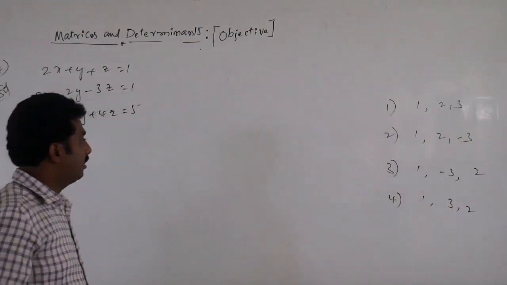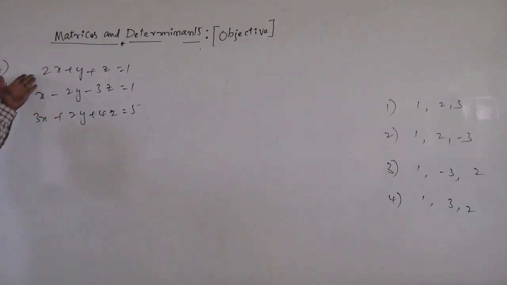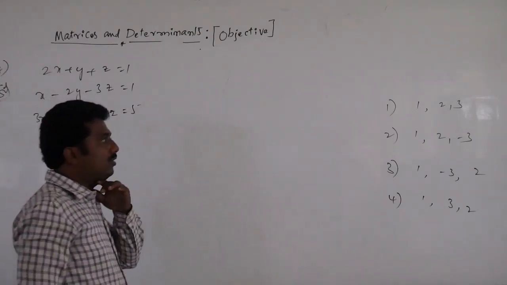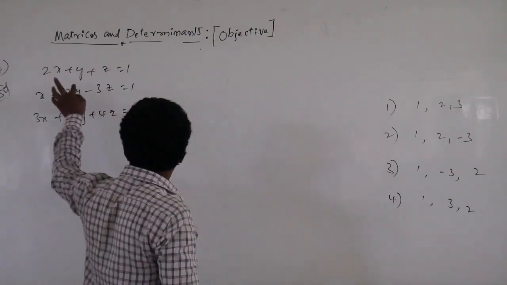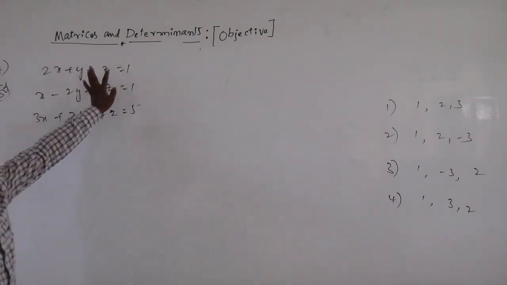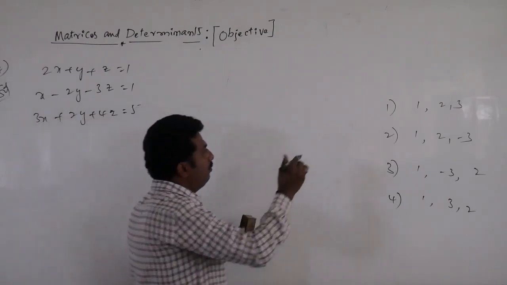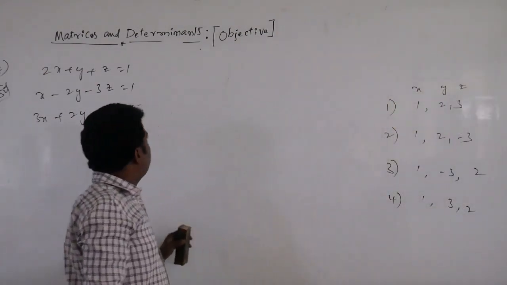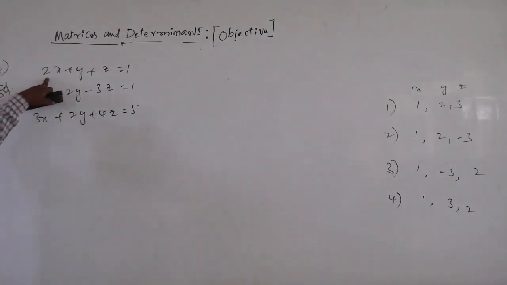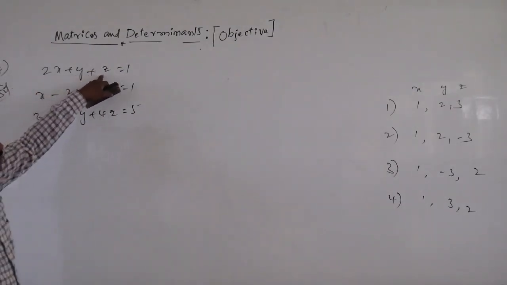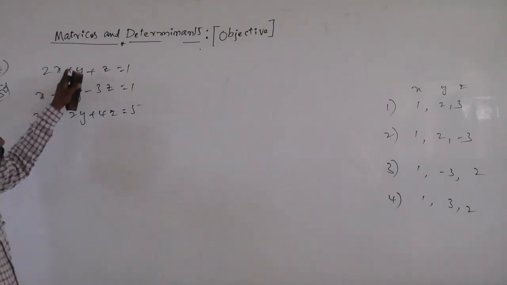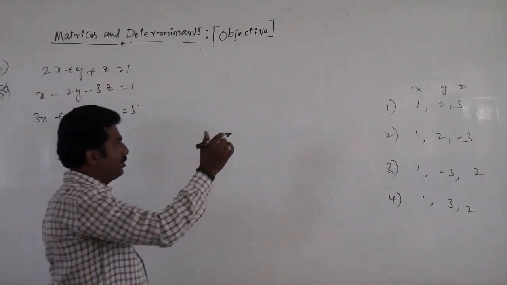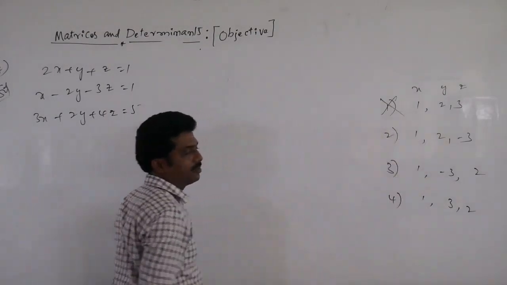So they are asking the solution, which means just substitute the 4 options in these 3 equations. Whichever option satisfies all 3 equations is the solution. Suppose I am choosing first option 1, 2, 3. If we substitute, whether this equation is satisfied or not: x, y, z. So x value 1 means 2, plus 2 is 4, plus 3 is 7, which is not equal to 1. So this is a wrong option; you delete it.